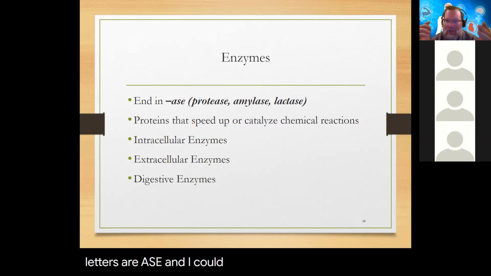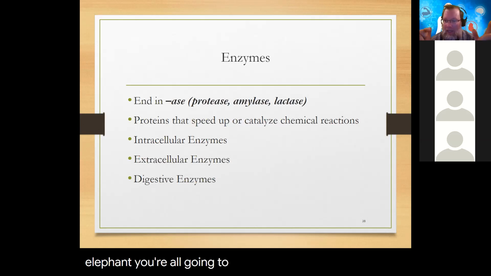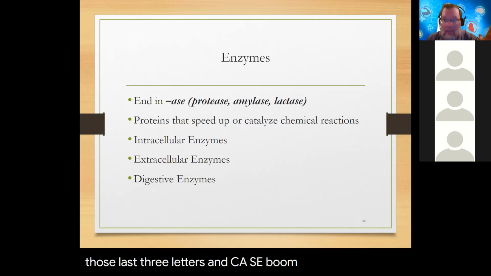And I could ask you, is this long word an example of an enzyme, a neurotransmitter, a hormone, or an elephant? You're all going to say it's an enzyme. You've never even seen or heard of this long word, but you look at those last three letters and see ASE, boom, it's an enzyme.